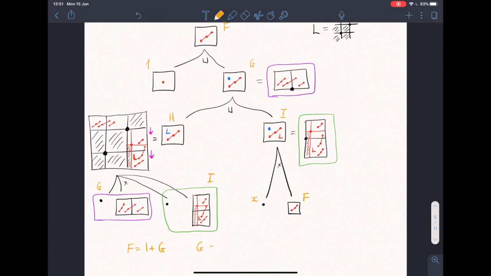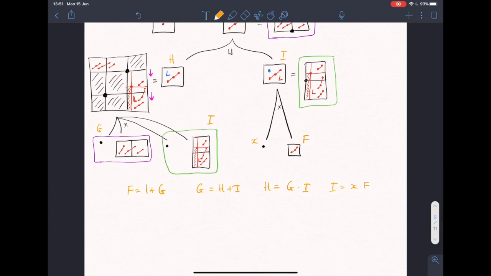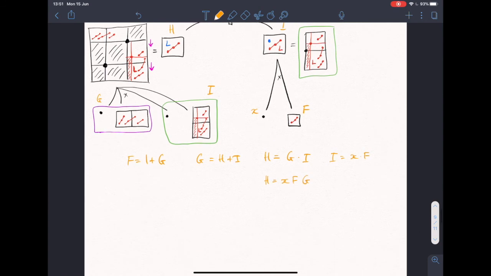G is also a disjoint union into H and I. H factors, that's a product, into G times I. And then we have I is X times F. If we start by taking the last two equations together, we have H as X times F times G. Then G is XFG plus XF.